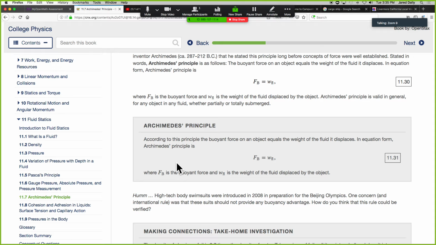Displaced. So if you have some fluid in here and you put some object into it, how do you know how much fluid is displaced by that object? The object has some volume because it's a three-dimensional object. So if it has a volume of V, how much fluid will be displaced?